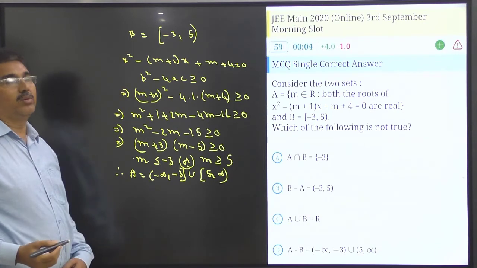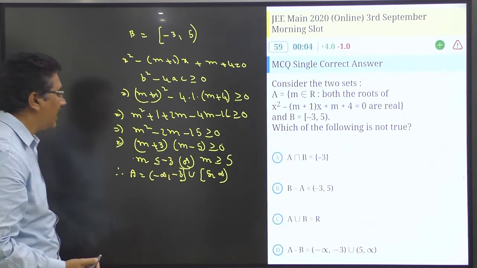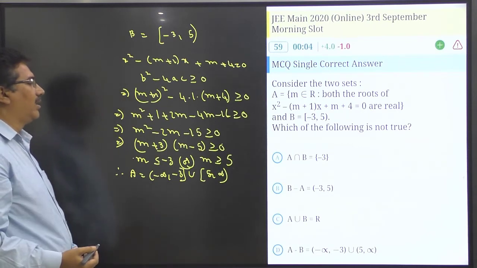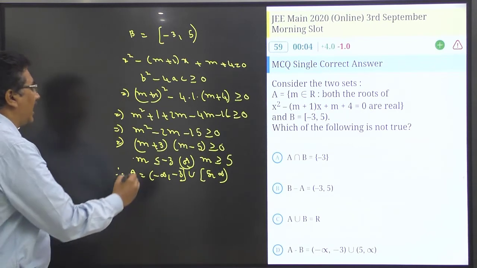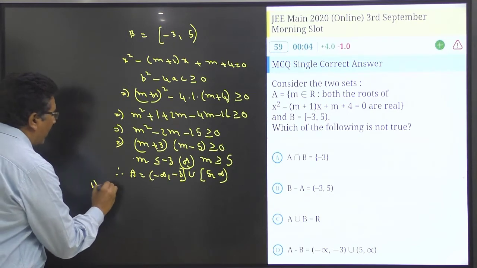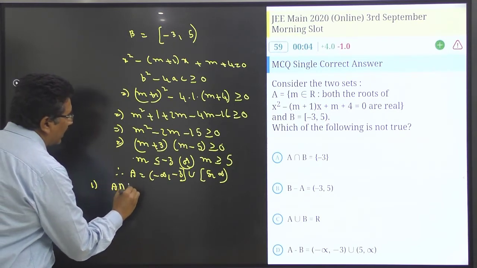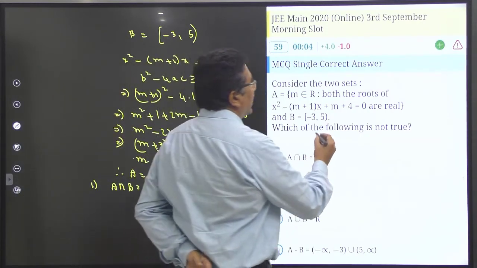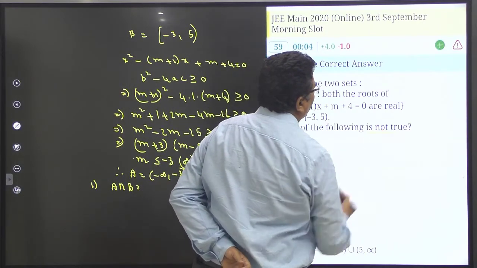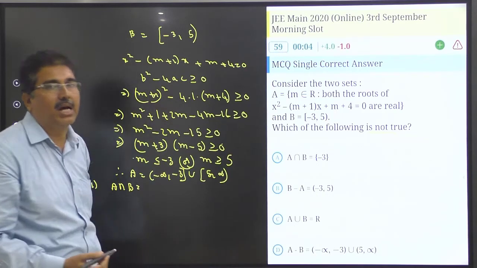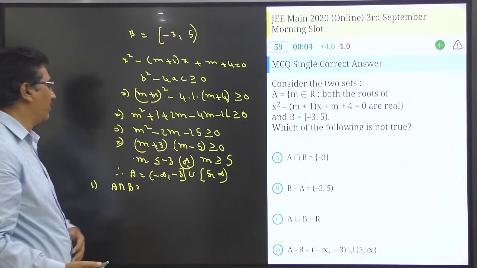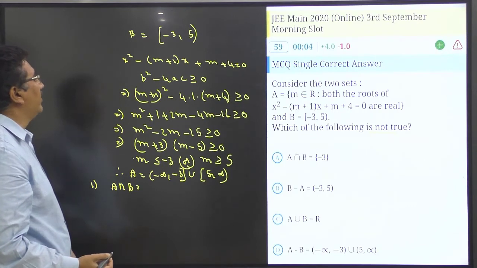Now these are the two sets A and B. Let us verify the options. Also, see the question carefully: which of the following is not true? The first option is A intersection B. What is A intersection B?